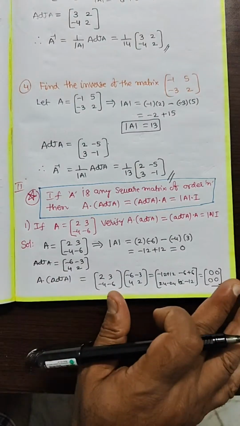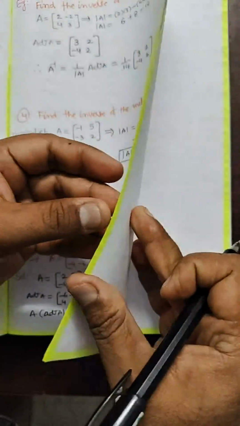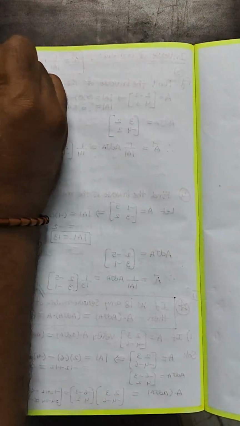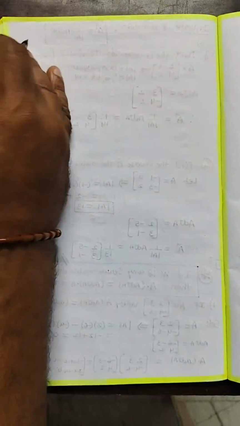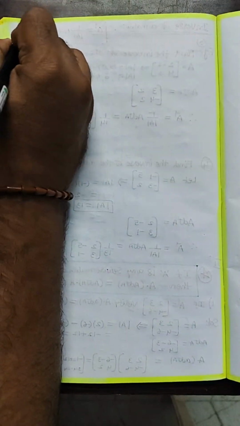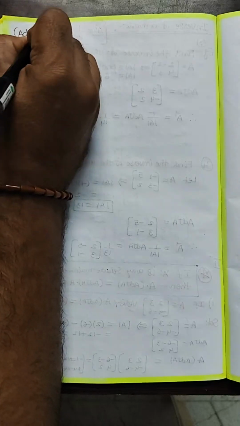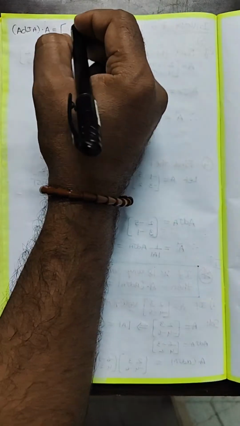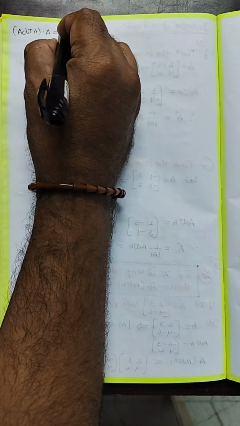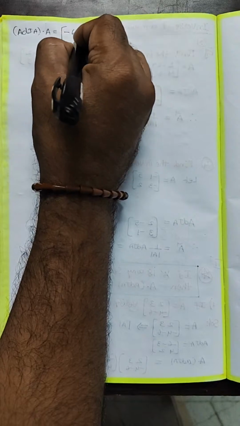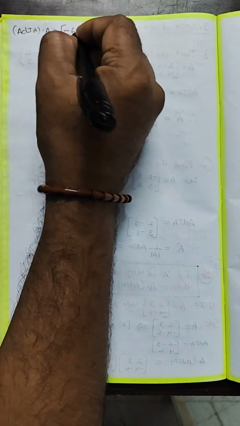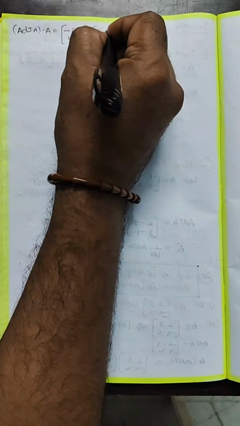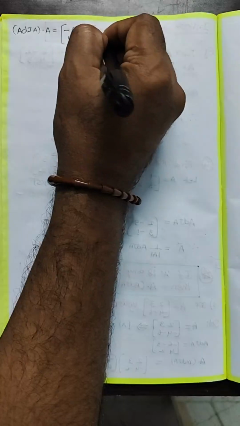Next, adjoint A into A. So adjoint of A, I already wrote that: minus 6, 2, minus 3, 4 into A matrix 2, 3, minus 4, minus 6.